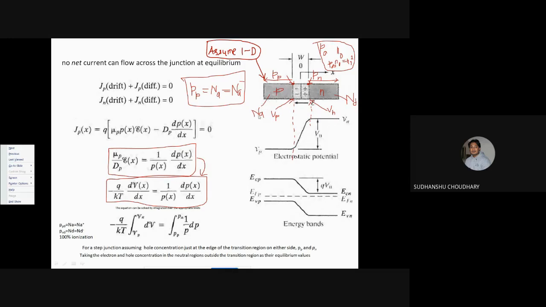At room temperature, all these acceptor impurities will ionize, and the total hole concentration in the valence band will be equal to the total acceptor concentration.